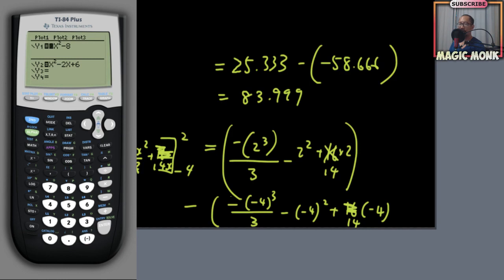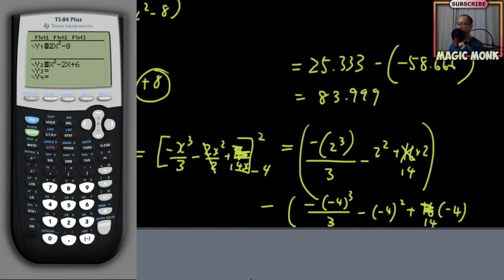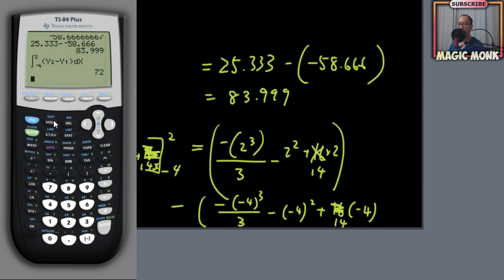Okay, so let's do all that again. Negative 2 to the power of 3 over 3, minus 4, plus 28. 14 times 2 is 28. So this bit should be 21.33.